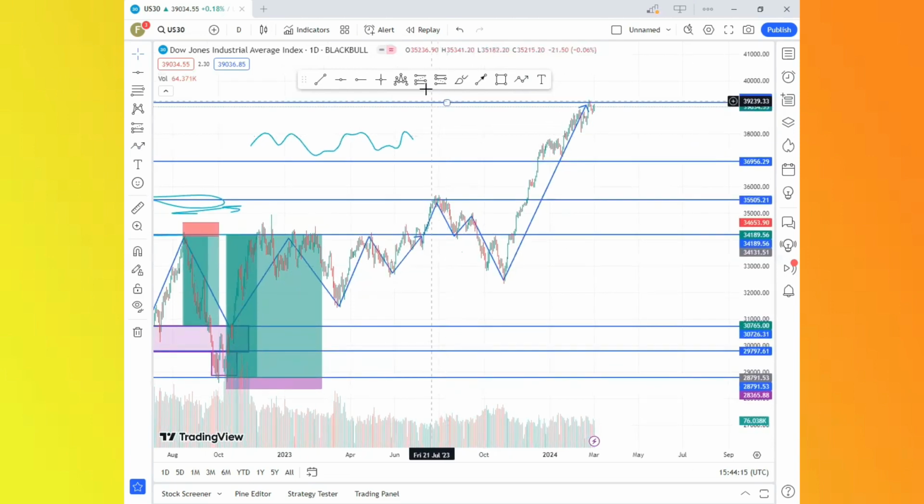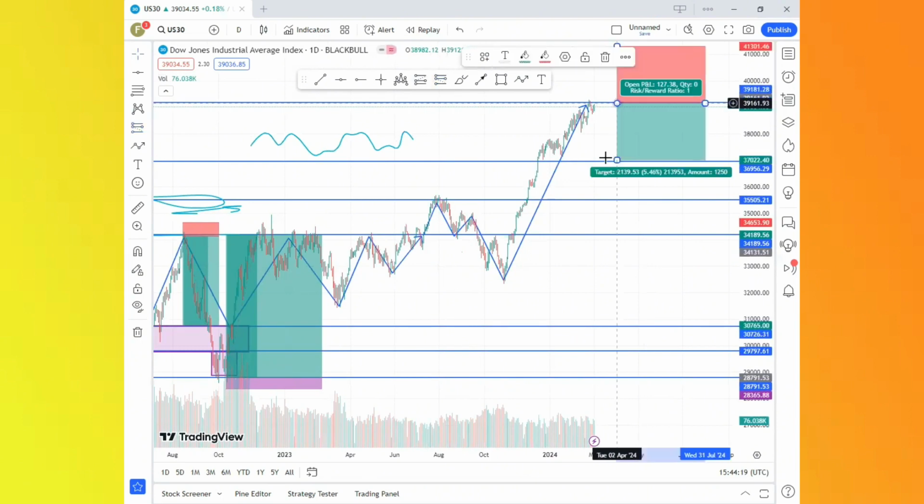So we can clearly see that this is what we're currently having. Therefore I would take my trade from here up until this point here.